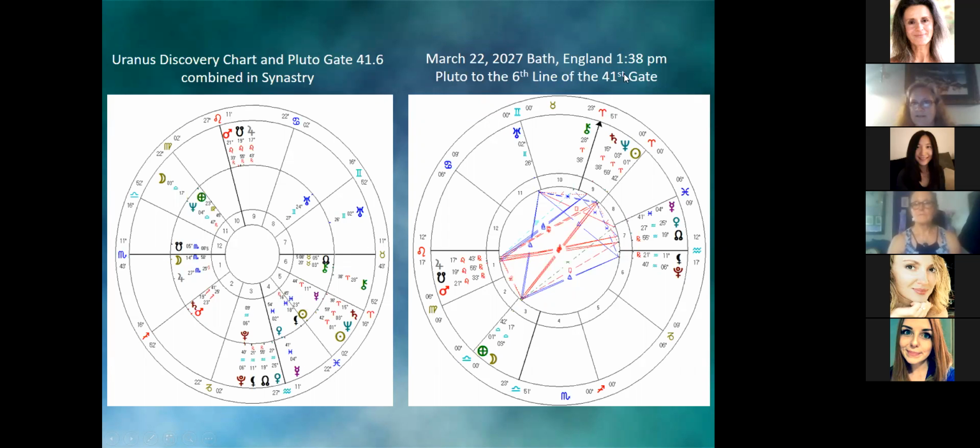And this is when it hits 41 in the 6th line. So here's Pluto right here at 6-40. Does anyone have any questions or anything to say?